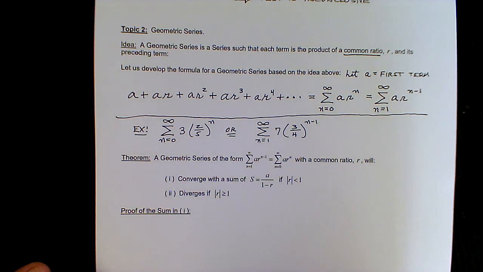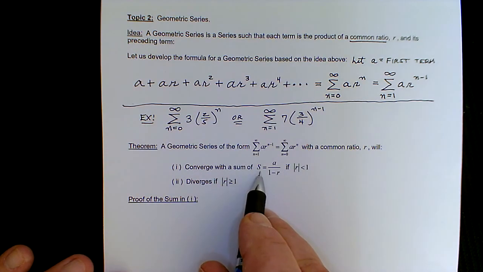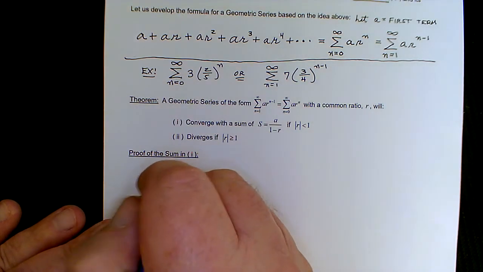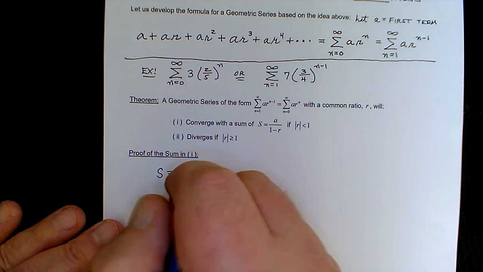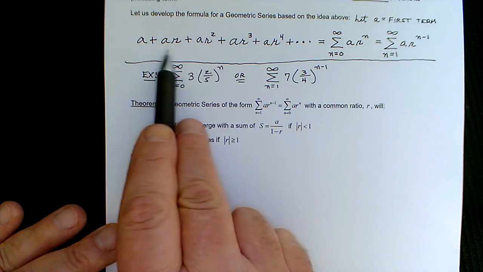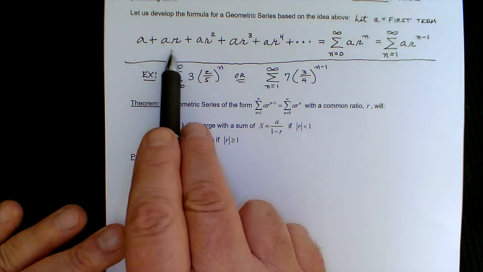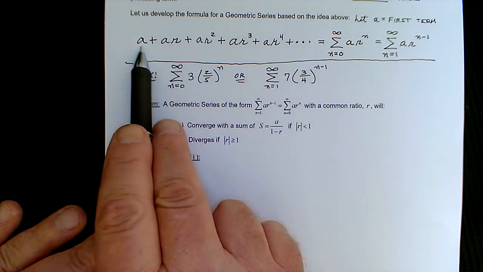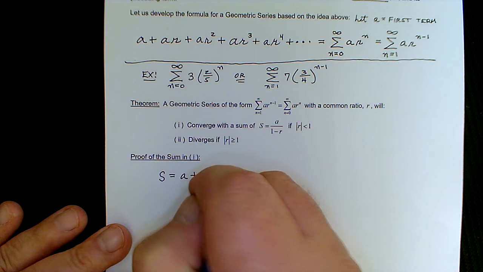Not that I'm going to hold you accountable for this, but I think it's a nice thing to see. We're saying that the sum of the series is represented by this: a plus ar plus ar squared plus ar cubed, ar to the 4th, and so on. We're saying that's our sum right there. So S equals a plus ar plus ar squared plus ar cubed, and so on.